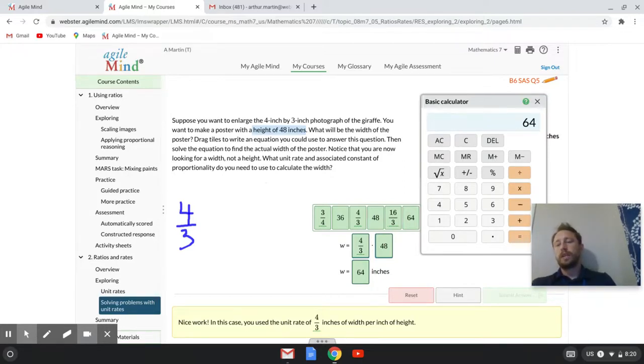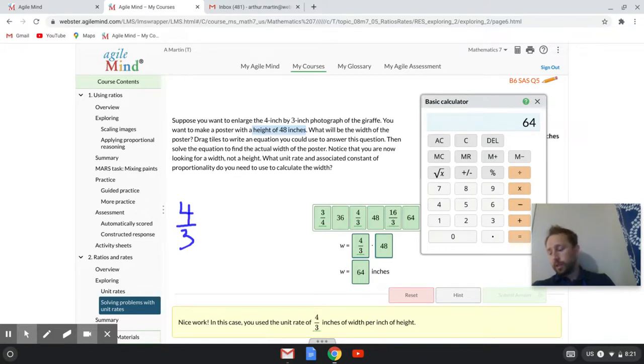What I want you to do is discuss with your classmates how this would work. If you're in a virtual classroom, I want you just to think about how this would work. How could you answer this question? Measure the length and the width of a book in the classroom, or measure a book at home.